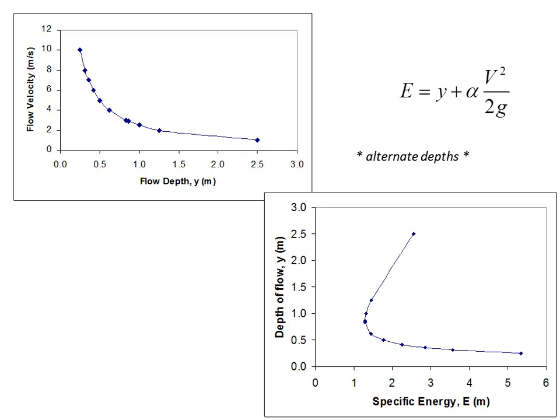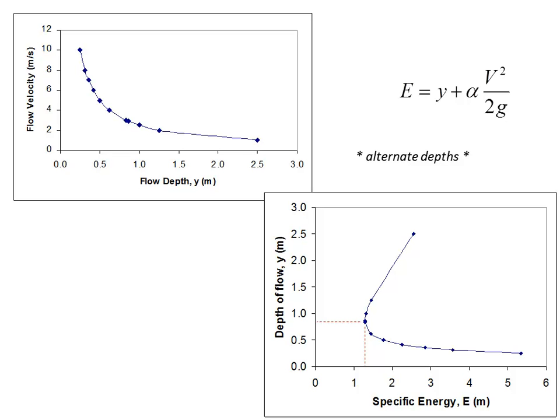So what that means is that for some certain amount of specific energy, there are two different depths that are associated with that same amount of energy. Is that chart just for that one scenario? Yes, good question. We can draw a different chart for any other scenario, but this is for 10 cubic meters per second, channel width of 4.